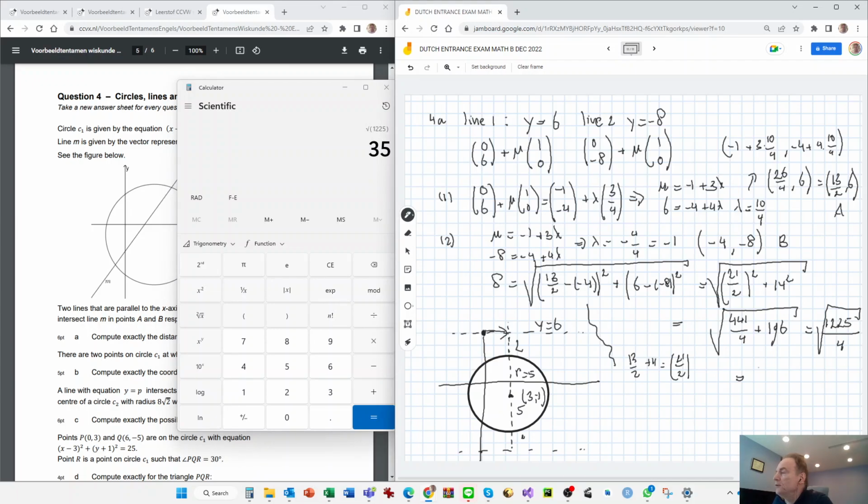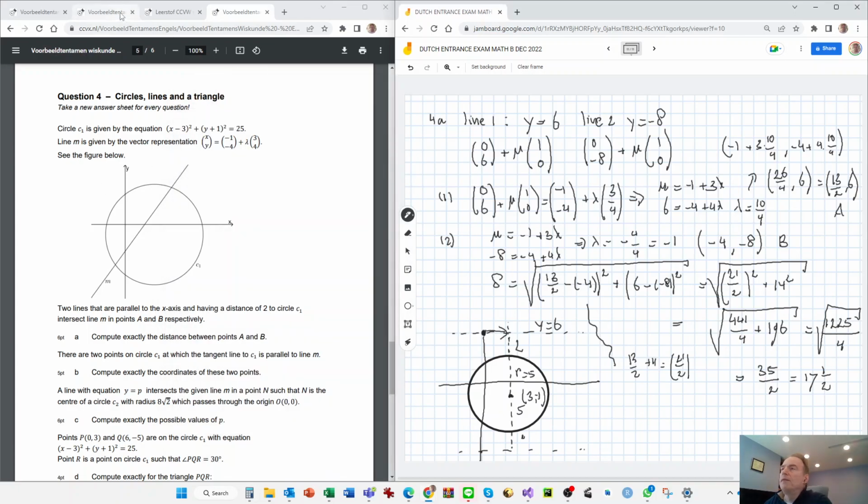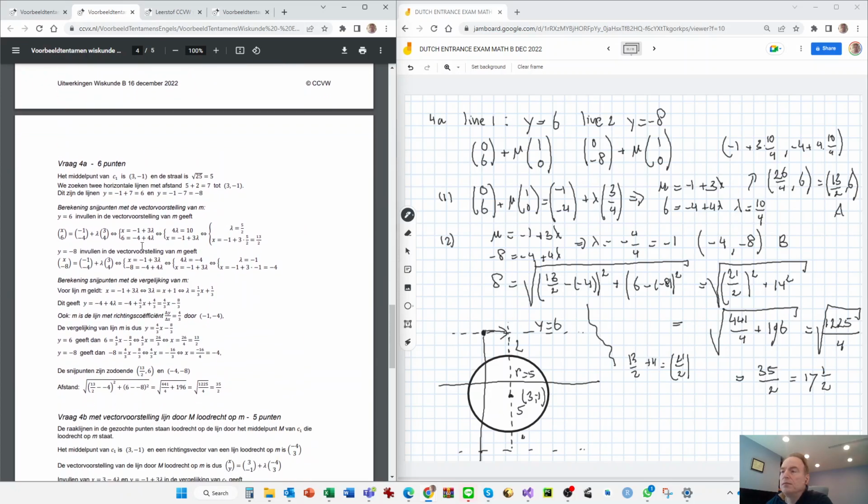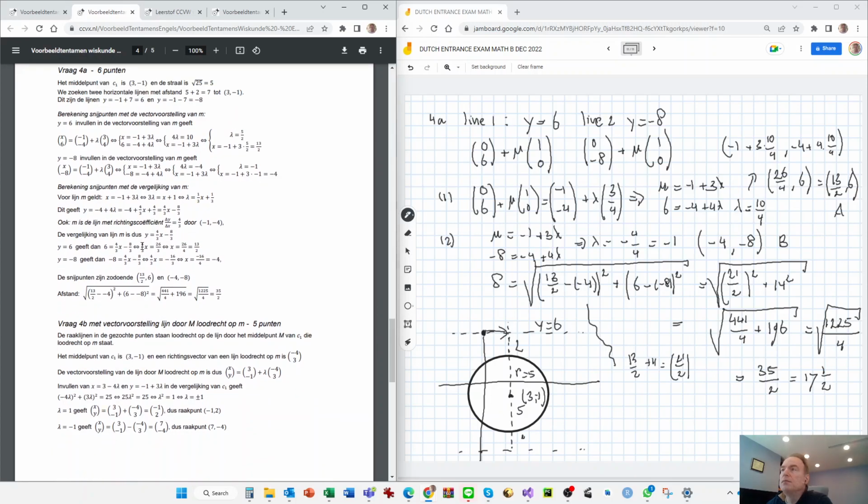That's good. So this is 35, and the square root of 4 is 2. So 35 divided by 2 is 17 and a half. Okay, 35 divided by 2. So that's correct.